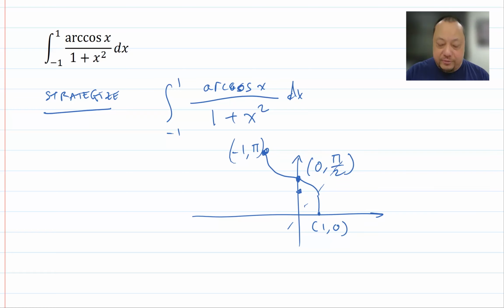So that's the graph of arccos. It's not odd. The whole integral is not going to be 0. Arccos is not an odd function, but now that I look at the graph, it's kind of odd. An odd function is symmetric across the origin 0, 0. This function is symmetric, but across that point, 0, pi over 2.